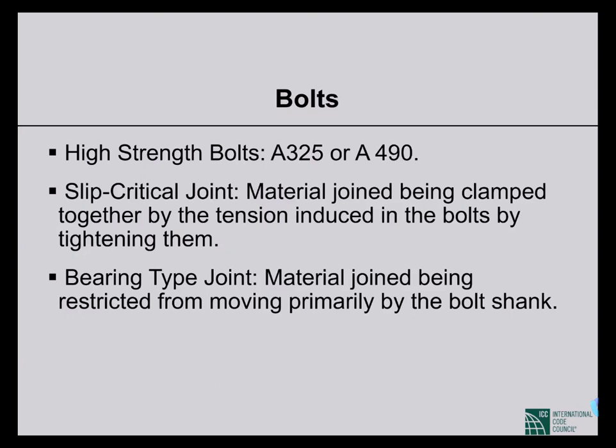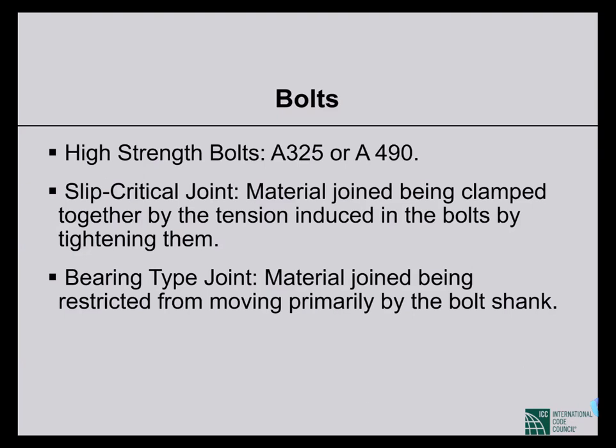In this slip critical joint, we pretension the bolt and tightly clamp the bolts with the metal plates, and it is so tightly clamped that the friction between those two plates actually gives us the resistance against any movement.